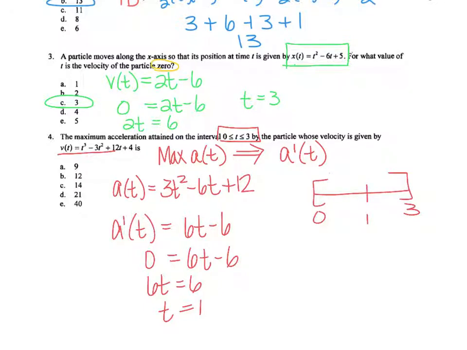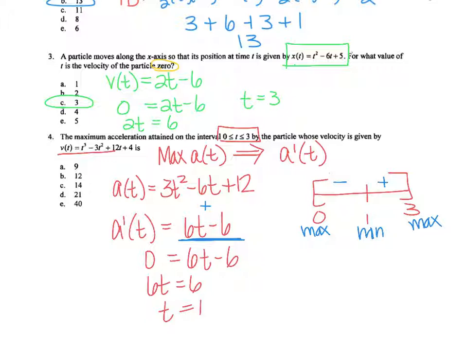We have to test this because 1 might not be the max, 1 might be the min. So between 0 and 1, use 0.5. If we put 0.5 back into our derivative, we're going to get 3 minus 6, which is a negative. Then if we put 2 in for t, we're going to get a positive. So that makes 1 a min. That makes 0 and 3 the max.